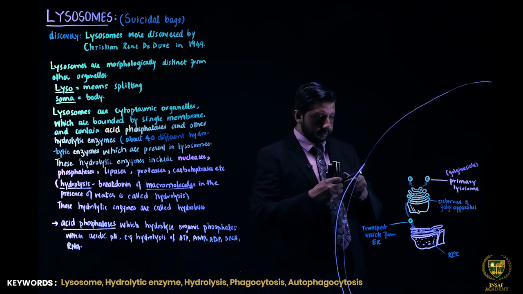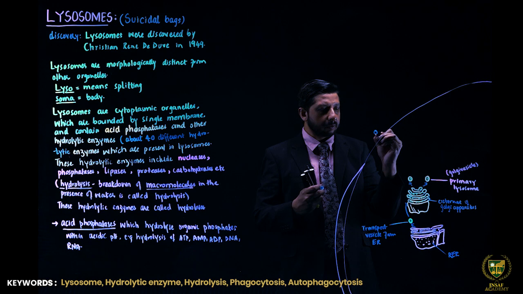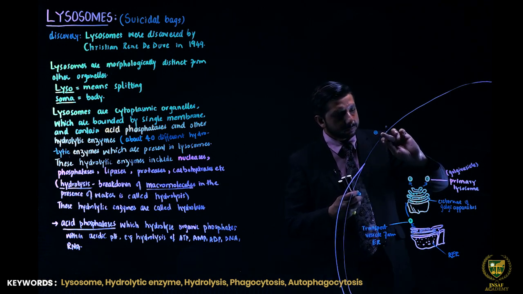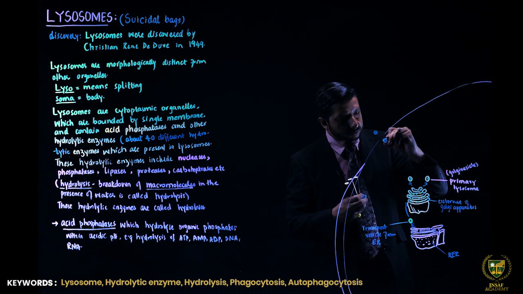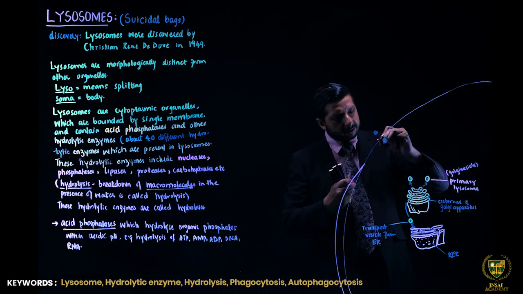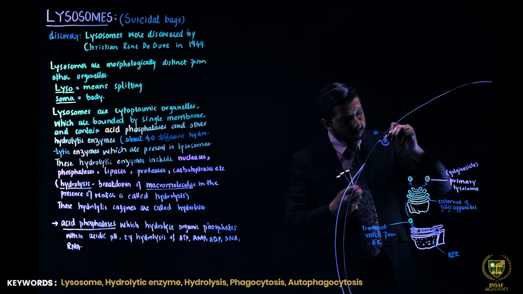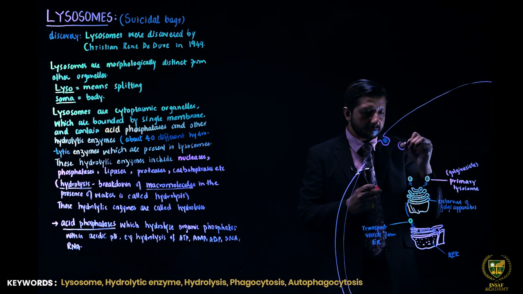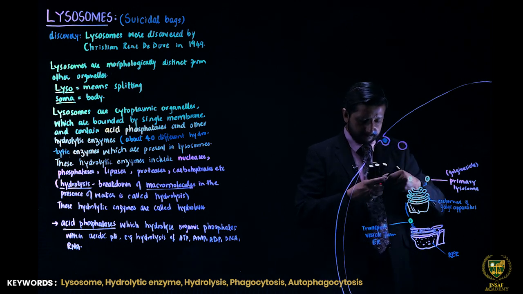And here is the food which is coming inside, and now it is entering the cell. So the cell makes a membrane, a boundary, and it forms the food vacuole.